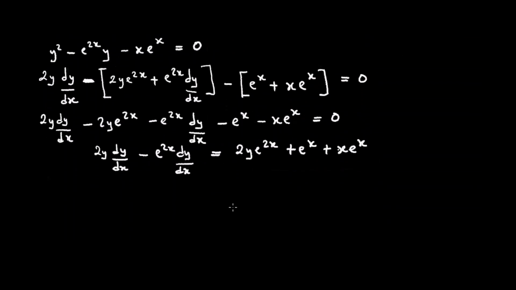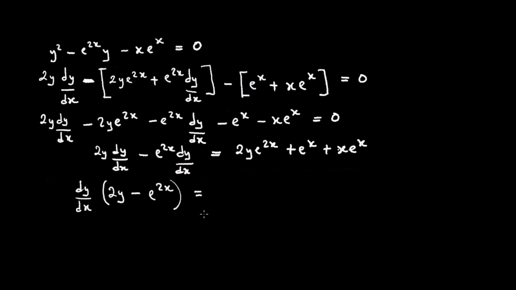So now we just factor out divide x on this side. Our bracket has 2y from here, minus e to the 2x from there. If you multiply divide x times 2y and divide x times minus e to the 2x, you get that.